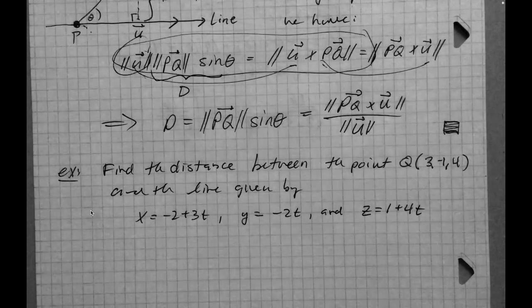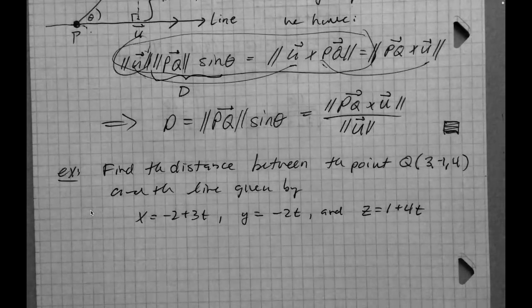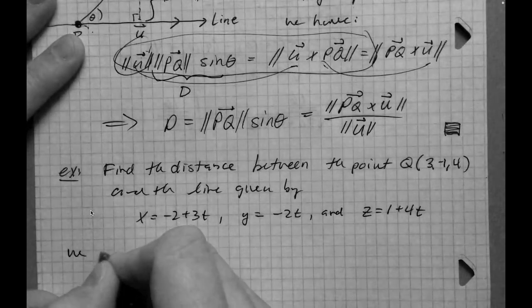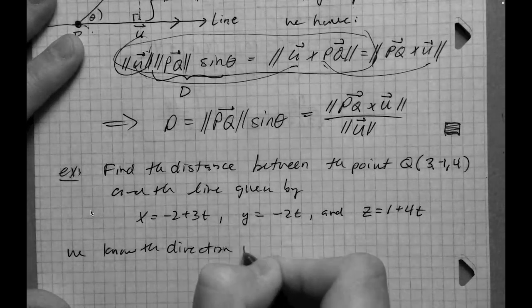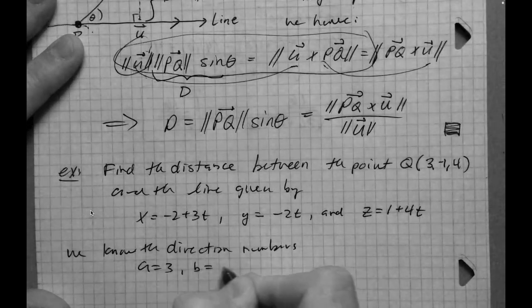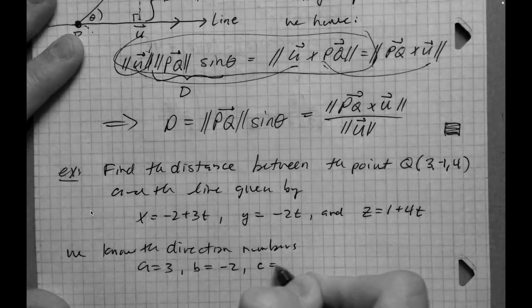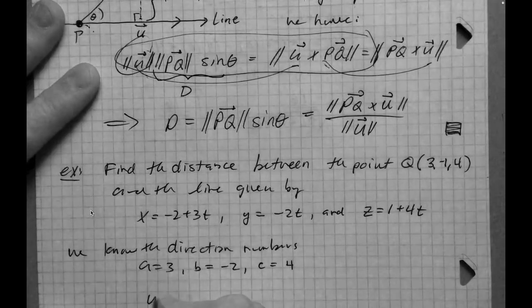Okay, so from the parametric equations we know the direction numbers, right? So a equals 3, b equals -2, c equals 4. That means we've got this vector u.